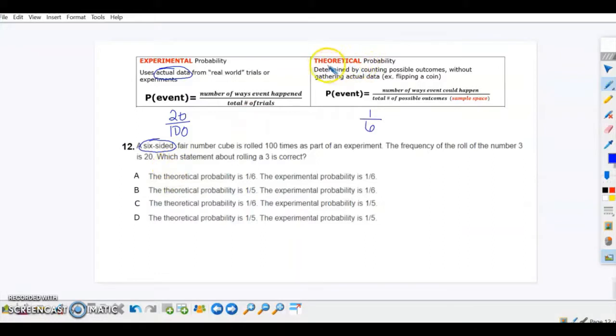So theoretically, 1/6 would be the chance of getting a 3. But actually what happened was 20 out of 100. So this is the experimental, this is the theoretical, and of course they reduced it in the answer choice to see if you could figure out what the answer would be. Theoretically is 1/6. Experimental, if you reduce that, is 1/5.